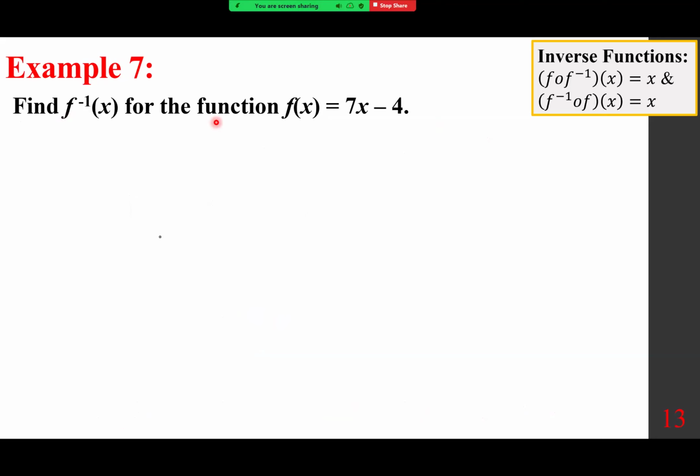Find f inverse of x for the function f of x equals 7x minus 4. And as I mentioned, we start with writing y instead of f of x. We are going to interchange x and y.